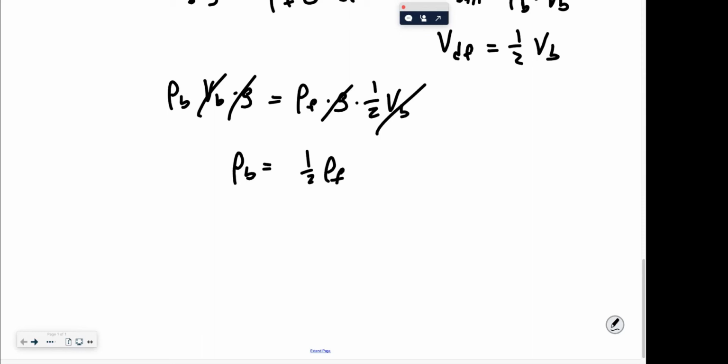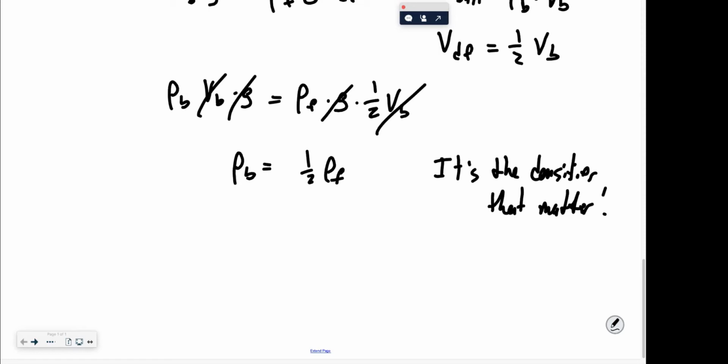If it's more dense than that fluid, it's going to sink to the bottom and just sit there. It's the densities that matter, and that's all that matters in this particular case.